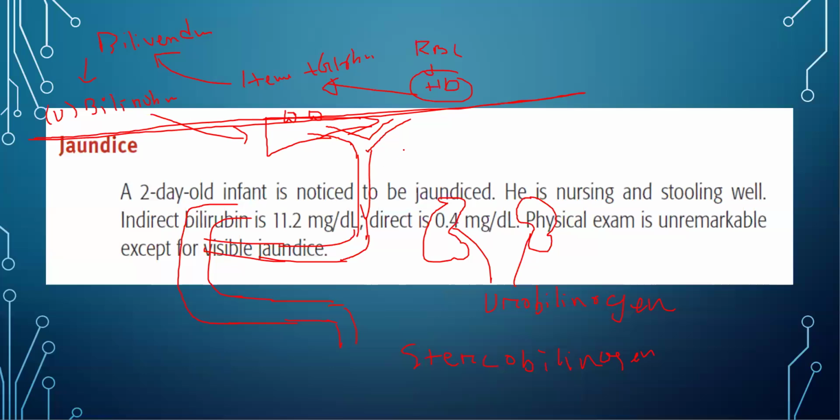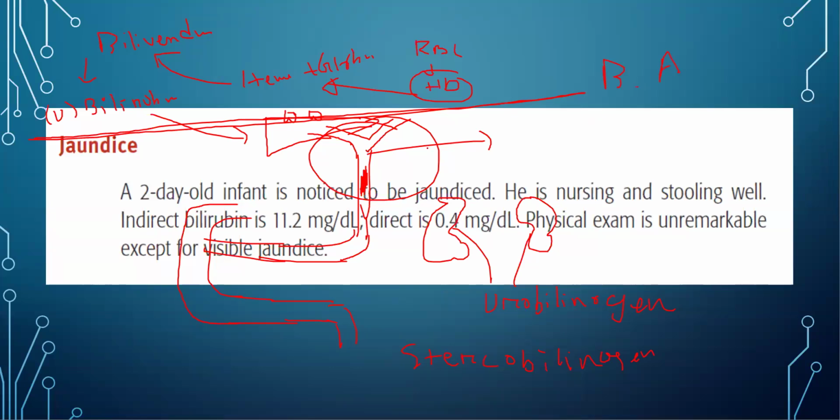If there is any problem in this area, that will cause increased conjugated or direct bilirubin, such as if someone has biliary atresia, where the common bile duct hasn't formed as it should. Then bile cannot pass, so there will be more and more direct bilirubin in the blood. Direct or conjugated hyperbilirubinemia is usually due to something blocking the bile duct, or total absence of the bile duct.